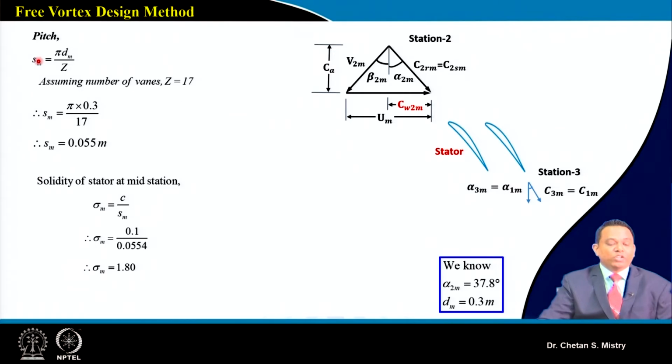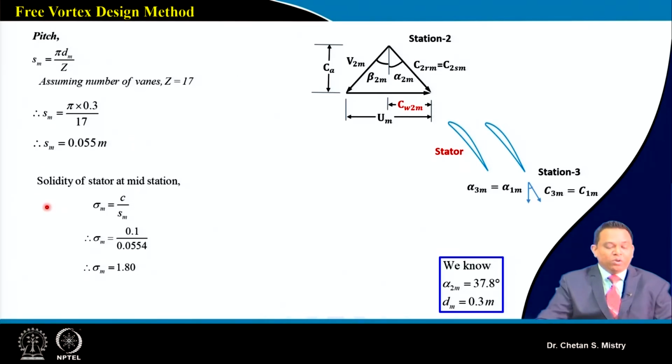Then the pitch we can calculate using pi d by z. Here we need to check the number of blades for the stator vane, which we have assumed at this moment to be 17. So my pitch is coming 0.055.